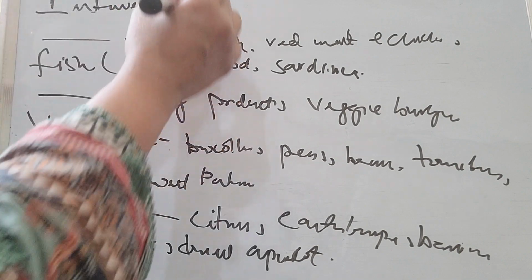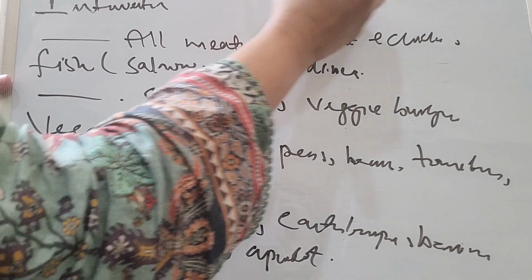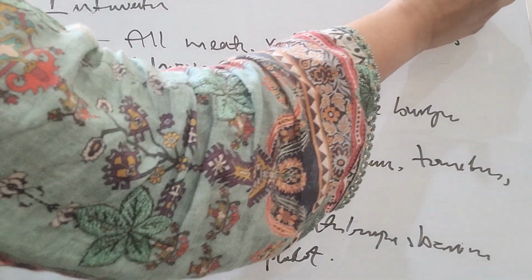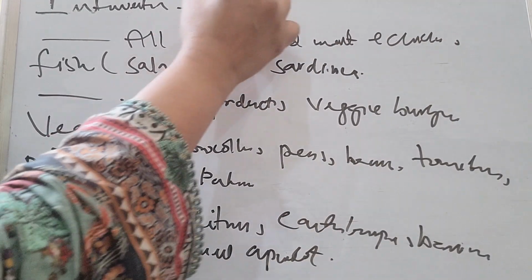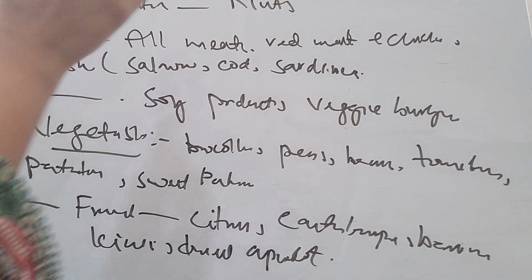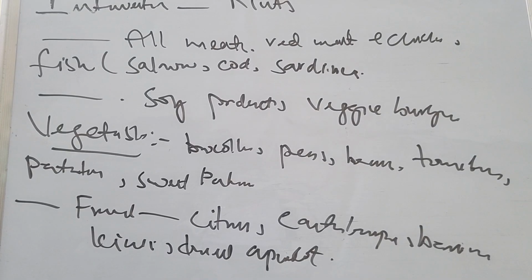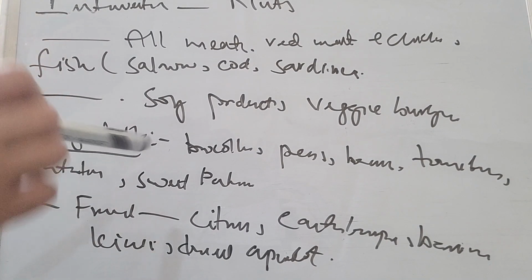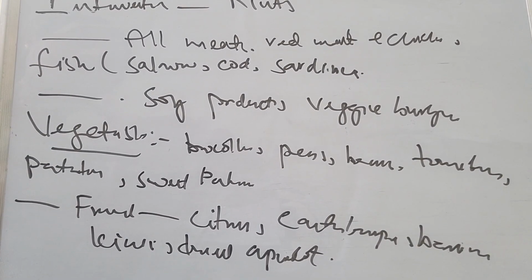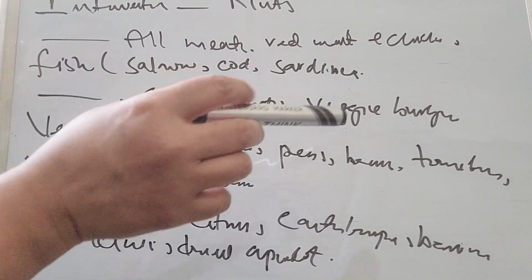Milk and yogurt, and nuts. These all contain a high potassium level. So whenever you give food to hypokalemia patients, always give food that contains potassium.